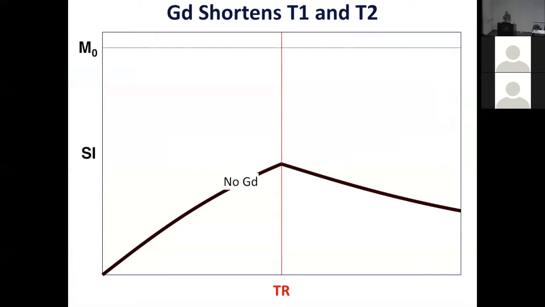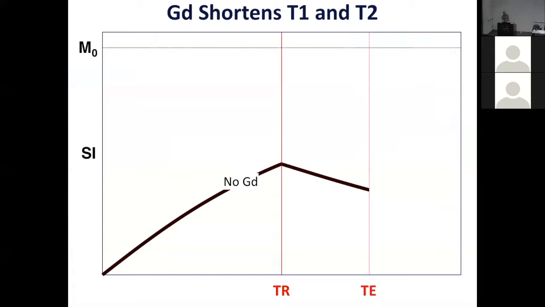But we don't allow the signal to decay an infinite amount of time. We allow the signal to decay only for a short amount of time called the echo time, or TE. So we allow signal to grow during TR time, and then we allow the signal to decay during TE time.